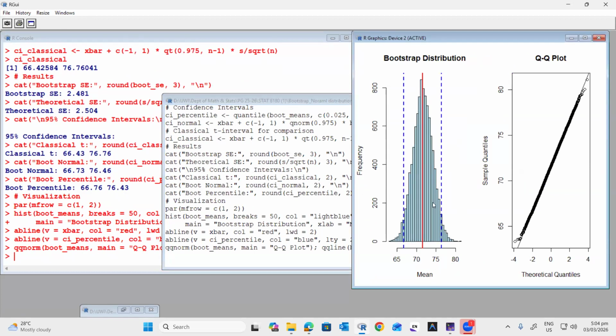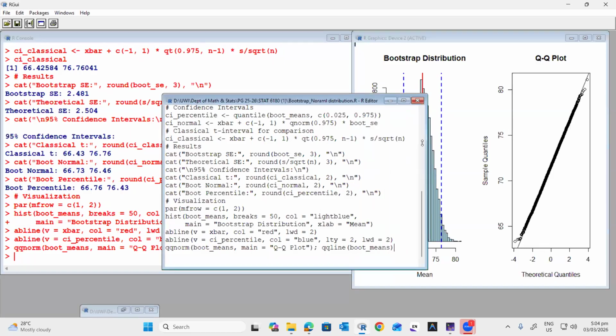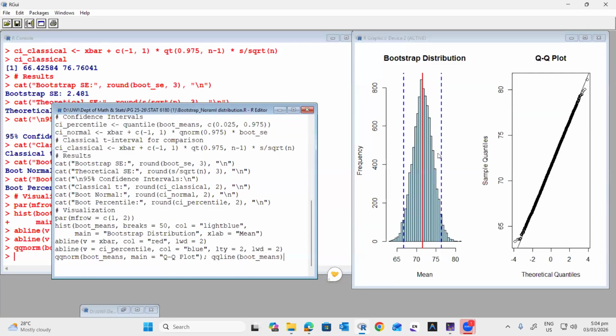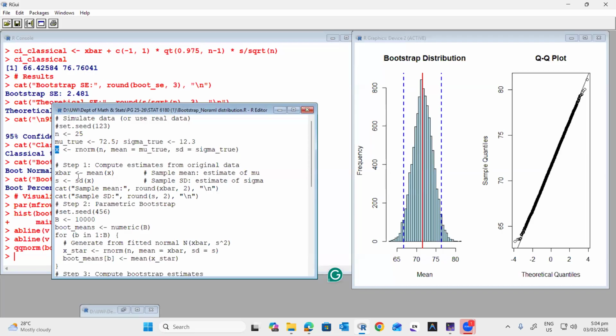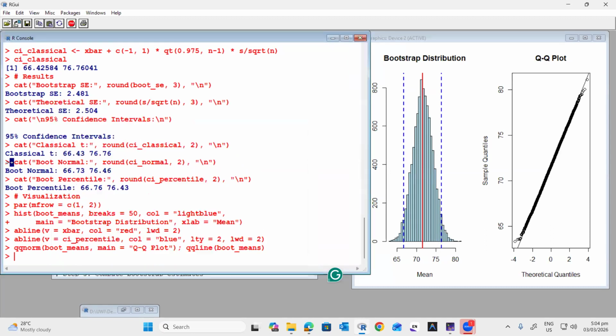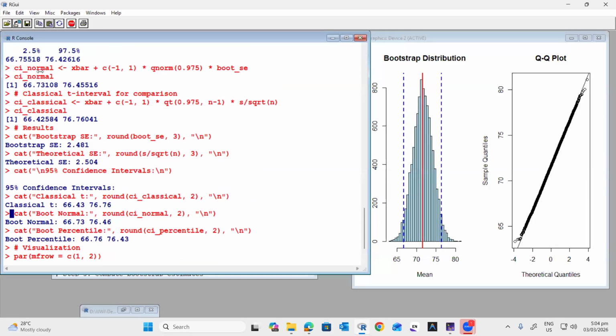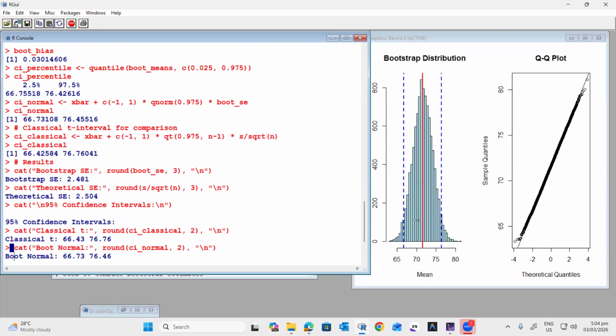All right, so here the red line is the mean of our data, the sample mean x bar that we computed from the original x, and the blue dotted lines are our confidence interval from the CI percentile. And this is the mean of our generated data.